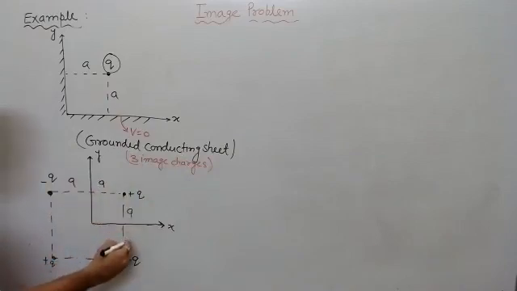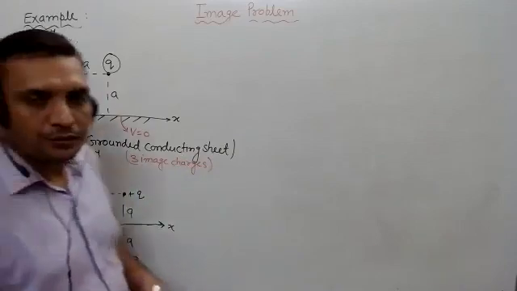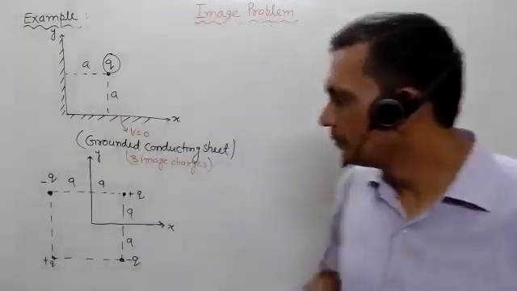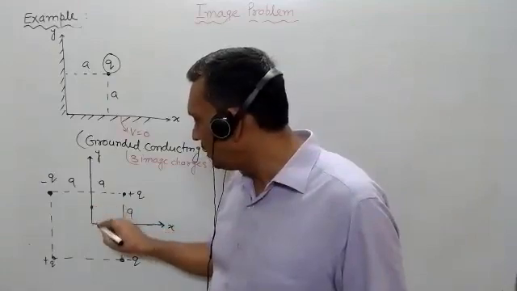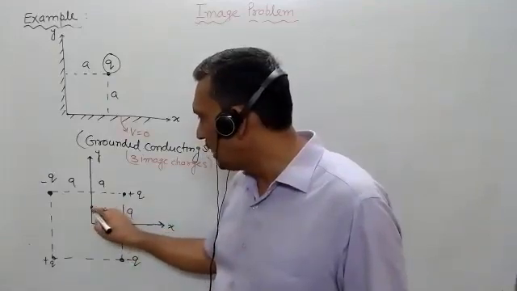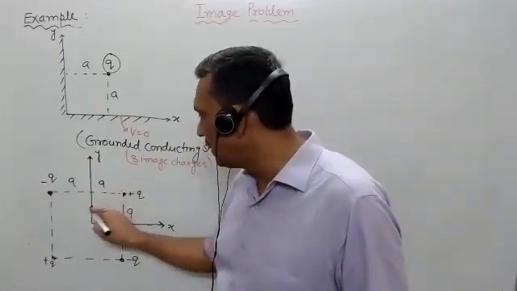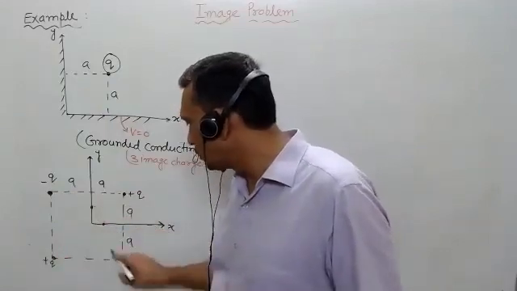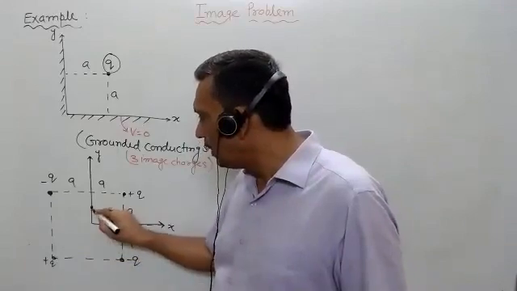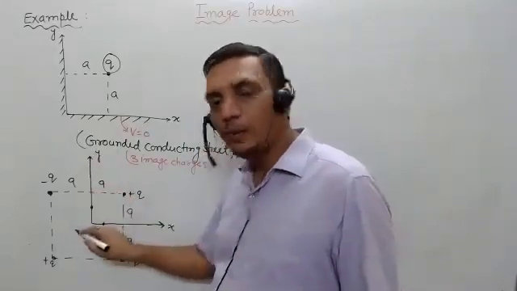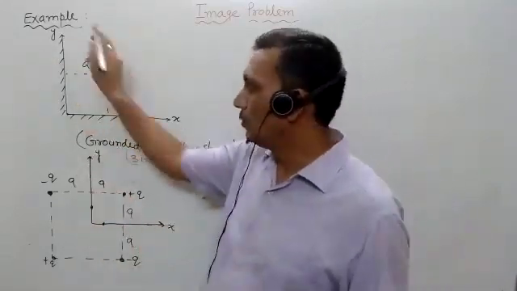This is also AA. Now it's a case of 4-point charges. If you see any point, potential must be 0, because at this point minus q plus q are at the same distance, so they will cancel each other. So at any point on the x and y axis, potential must be 0.